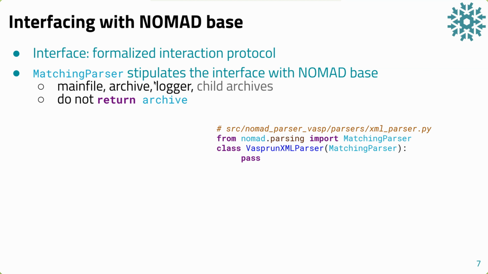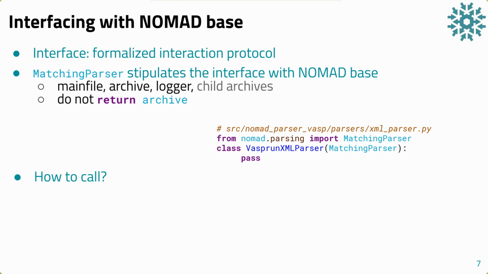And with all of that knowledge, essentially what we can do is take this matching parser, inherit all of the stipulations that it gives, and this will be the most bare bones parser that we can generate. Up here, I'm just mentioning where you could find in the example repo this code snippet. And that's it. We've just created a parser. It's that easy, very low barrier to entry.